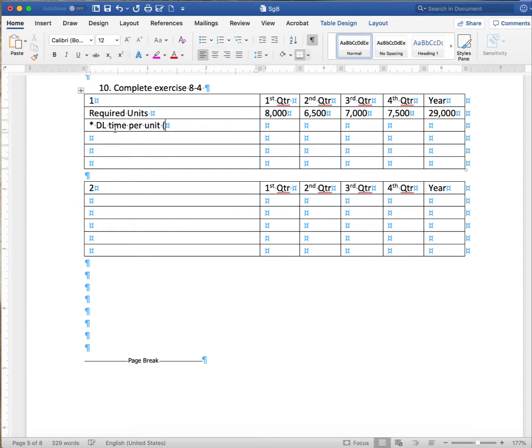We're going to do that in hours. They already told us in the problem that it takes 0.35 hours. So I'm just going to plug that in, 0.35, plug it in all the way across.